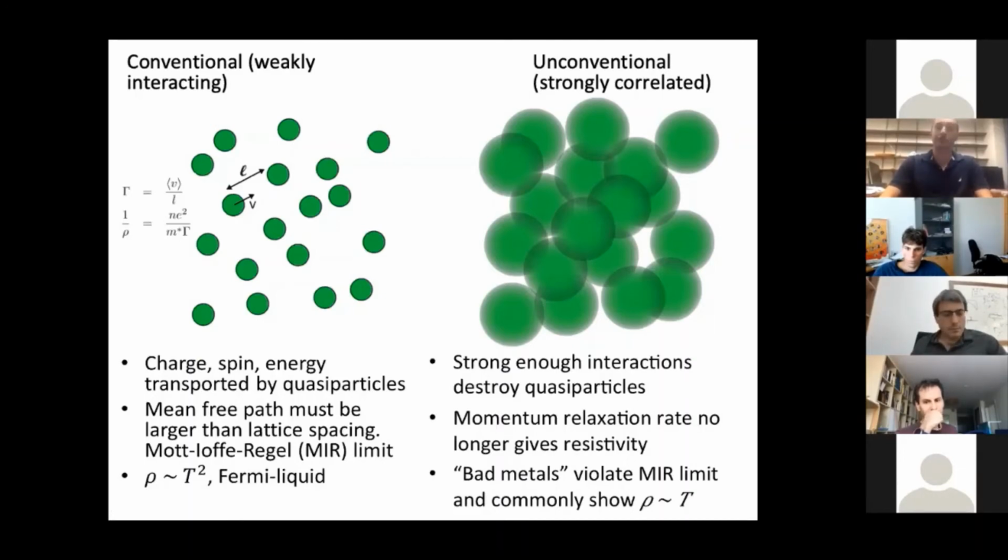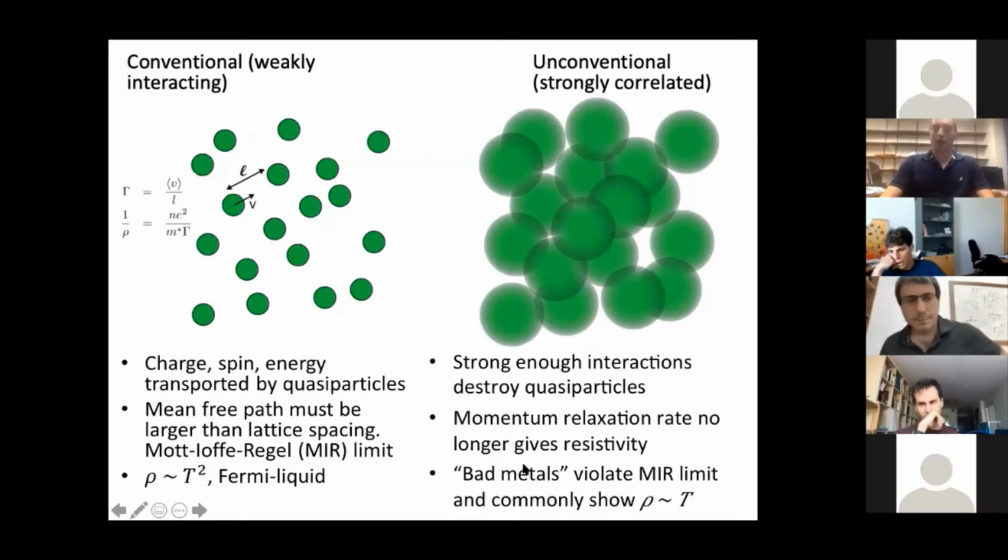In our systems, it's very clean, because the only source of resistivity is the interactions between the atoms. We don't have any phonons because our lattice is a rigid lattice created using the optical lattice. We don't have any disorder, as I explained. So it's really just the interactions that are causing the resistivity. So we expect this T-squared scaling in a Fermi liquid.